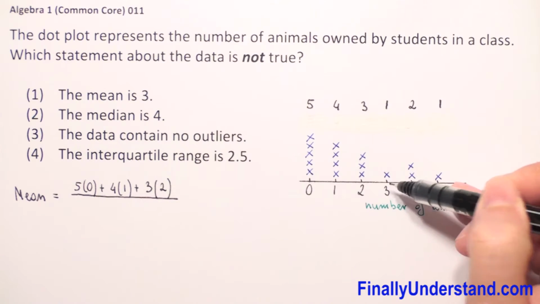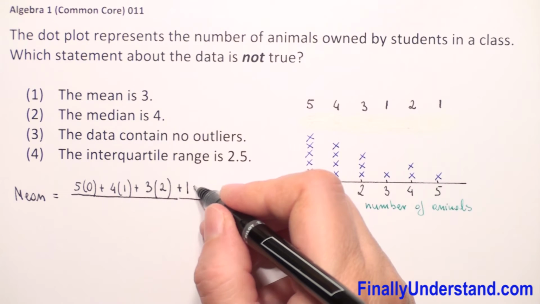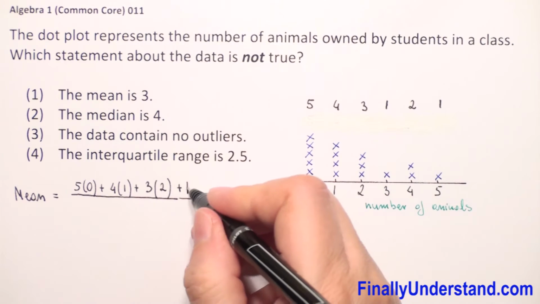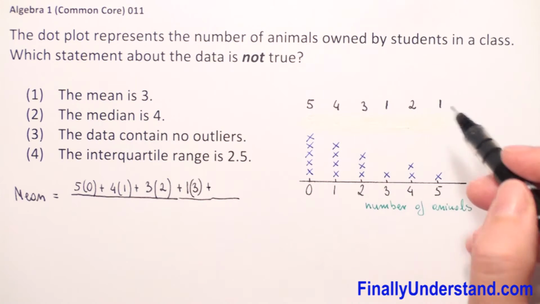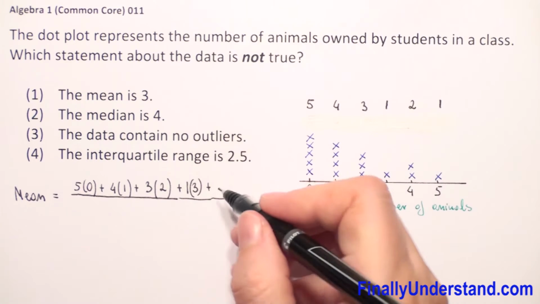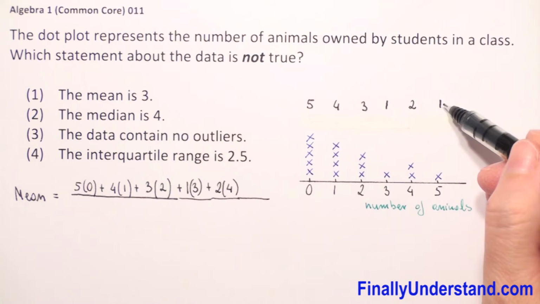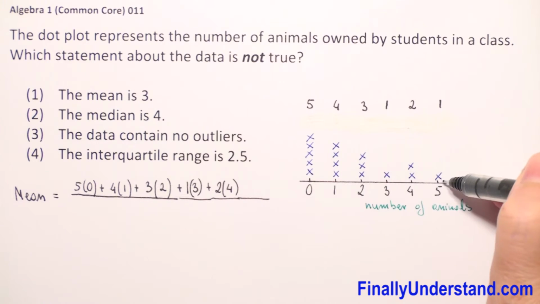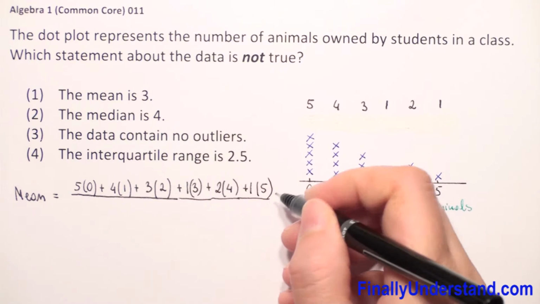Next we have 1 times 3. 2 students have 4 animals, so 2 times 4, and 1 student has 5 animals, so it will be 1 times 5.